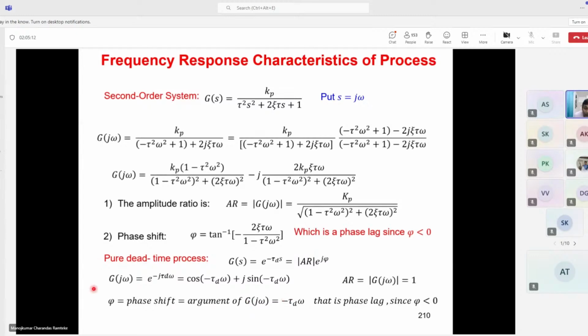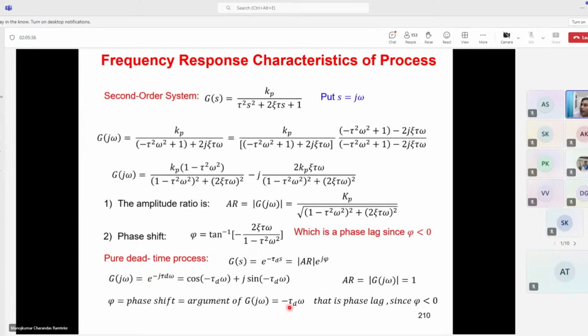Now, this is a very, very interesting equation. Why? Because this simple analysis, by representing this s by j omega, is actually giving me the amplitude ratio equal to 1 and the phase angle of minus TD omega. And combining this amplitude ratio and the phase angle in this entire equation is easy.